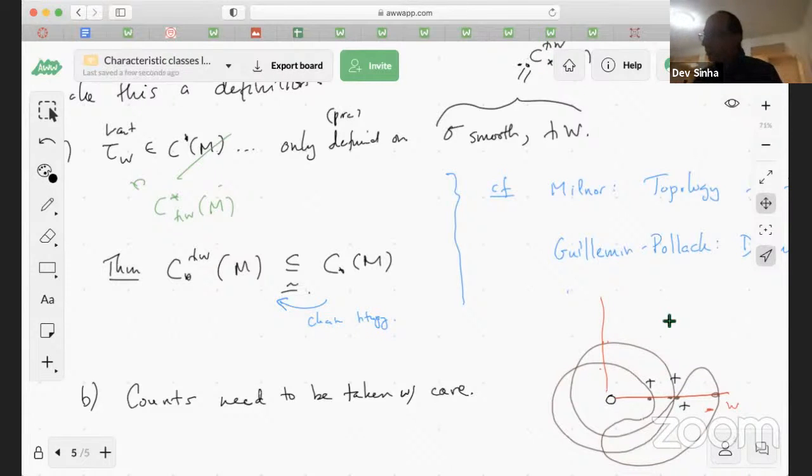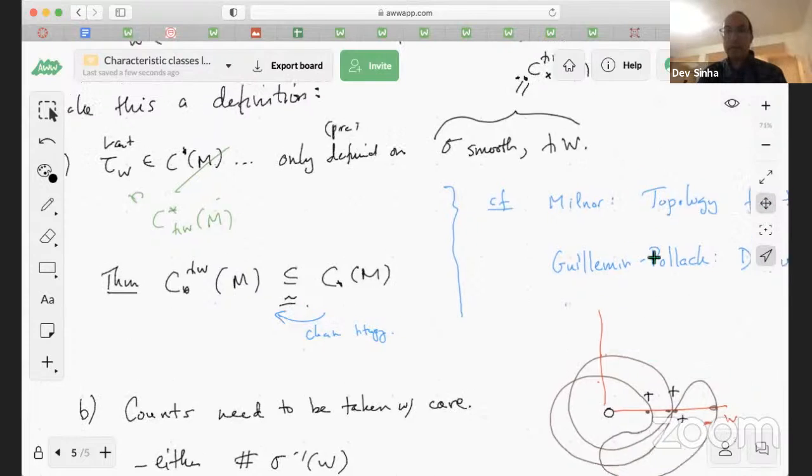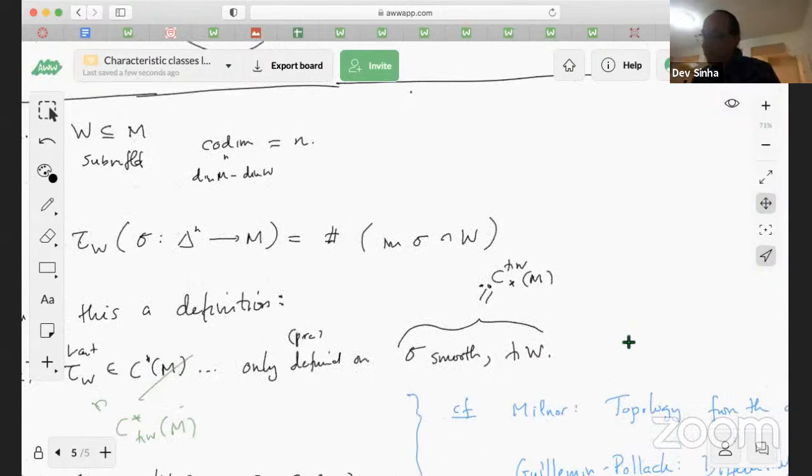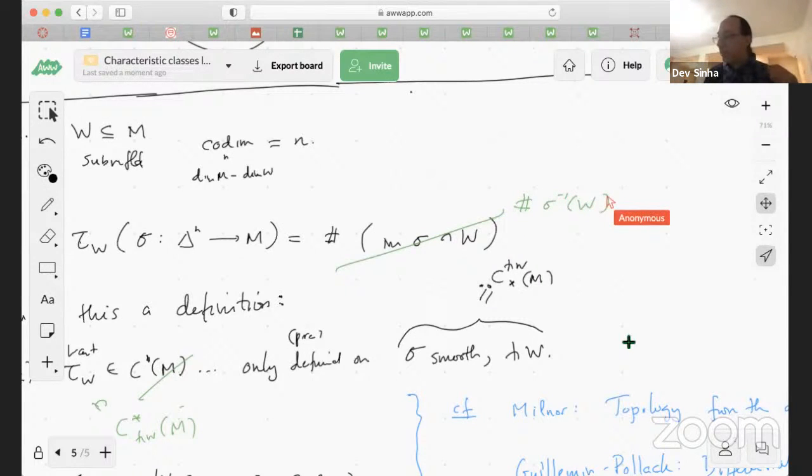So what we need to do is take this intersection count, which is really the number of preimages of W, rather than just thinking of them as intersection points.